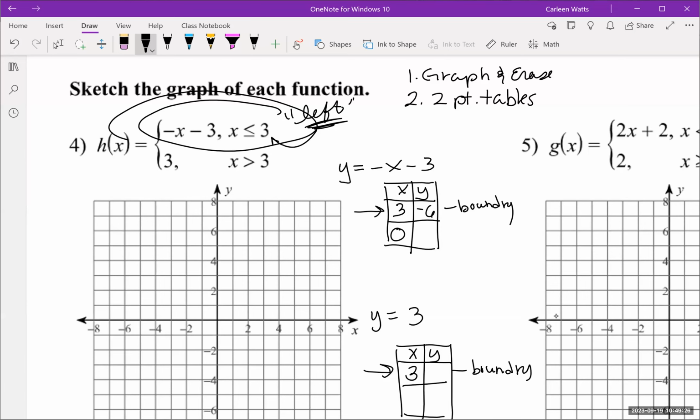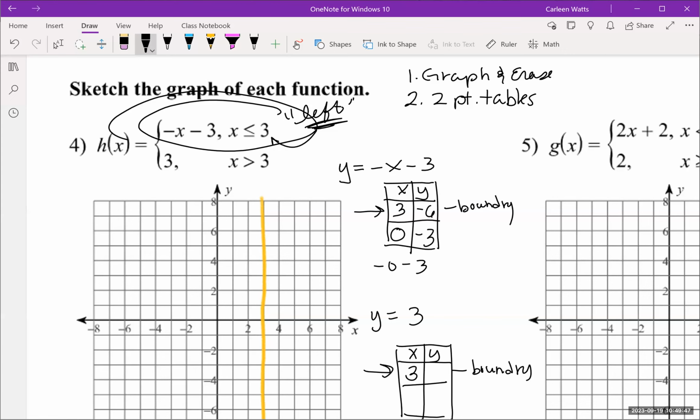And we can see it here. Let's draw. Oh, you know what? We did this last week. I'm going to highlight the boundary line. Okay, I like plugging in 0. So now we have negative 0 minus 3 is negative 3.